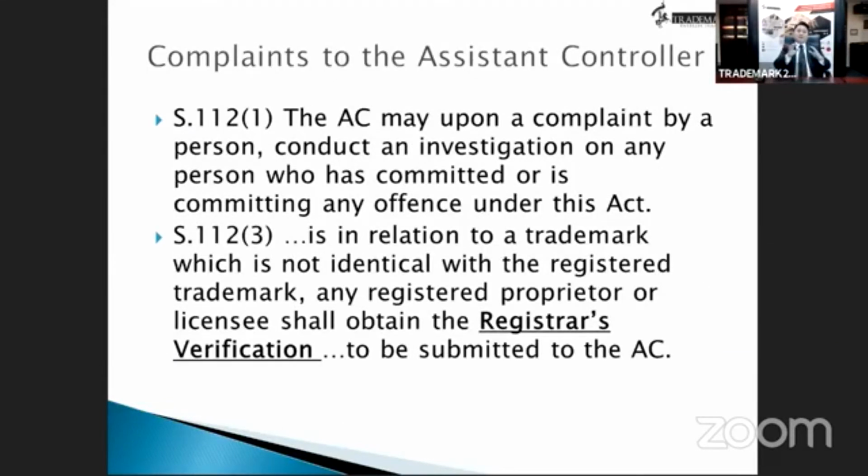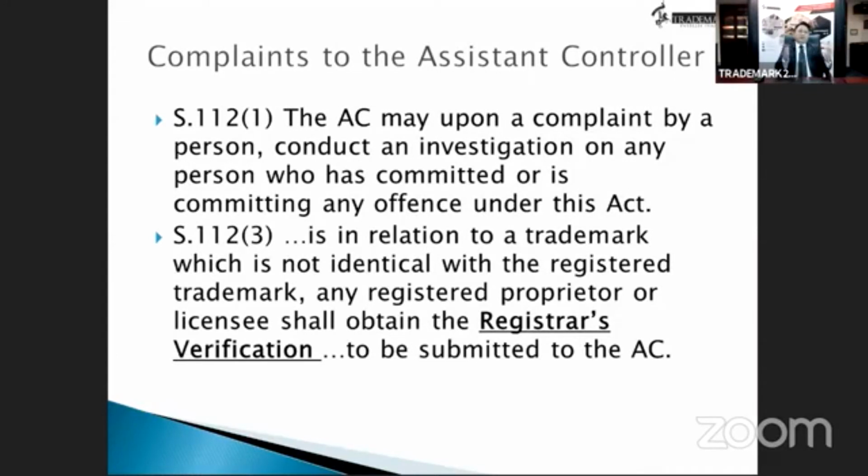Now, section 112. Listen very carefully, for trademark owners. Section 112 gives the protections to all registered trademark owners.